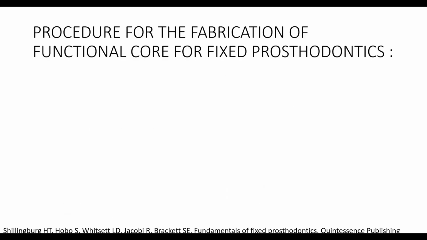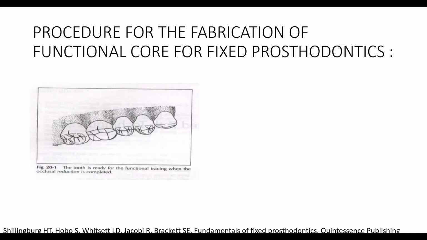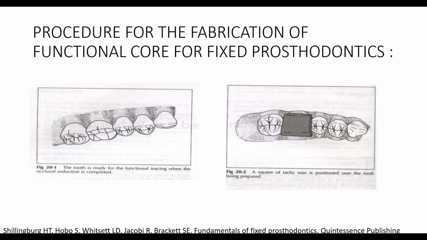The procedure for the fabrication of this functional core for fixed prosthodontics is as follows. Before starting with the proximal reduction, only the occlusal reduction is carried out for the prepared teeth, and a square of tacky wax is positioned over the teeth being prepared.